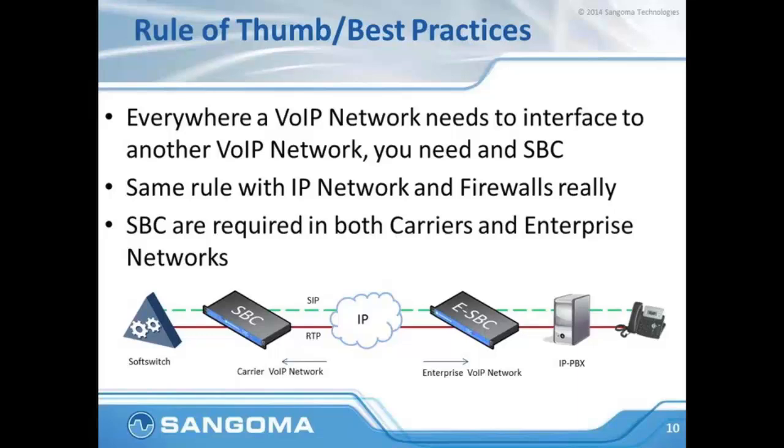When the enterprise network, shown by the IP-PBX and the phone, leaves towards this IP cloud, I put an SBC. That's kind of a rule of thumb, and the practice is very similar to what data guys have been doing for years in installing firewalls in their networks.